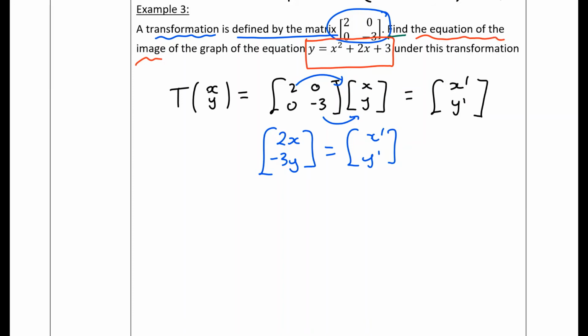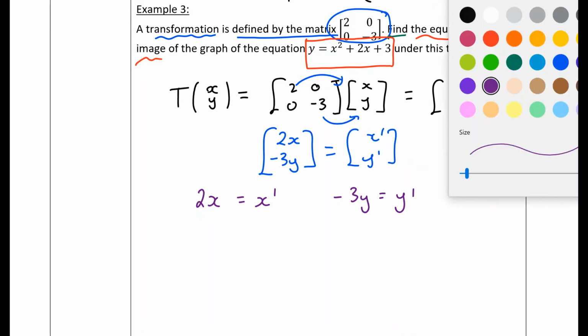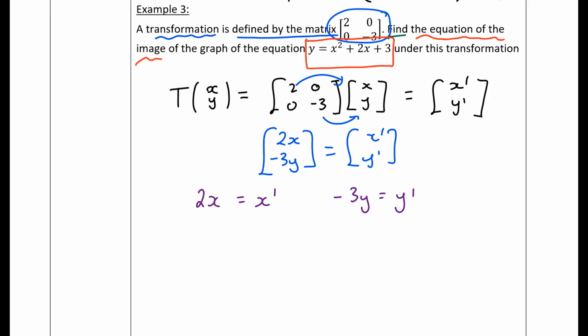We resolved the matrix equation. We equate 2x to x dash, minus 3y to y dash, and we'll solve for the variable x and the variable y. So here I divide both sides by 2, and x equals x dash on 2. Divide both sides by negative 3, and y equals y dash on negative 3.